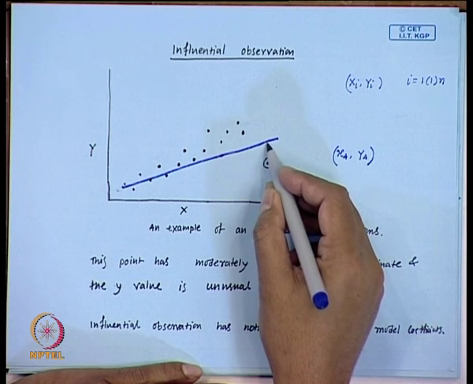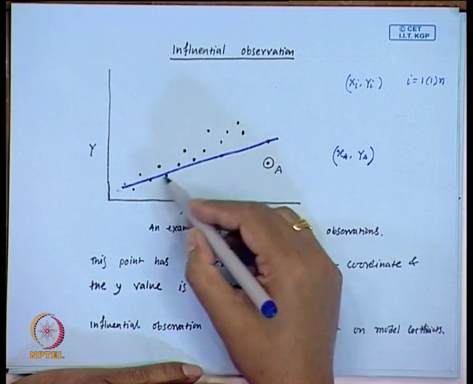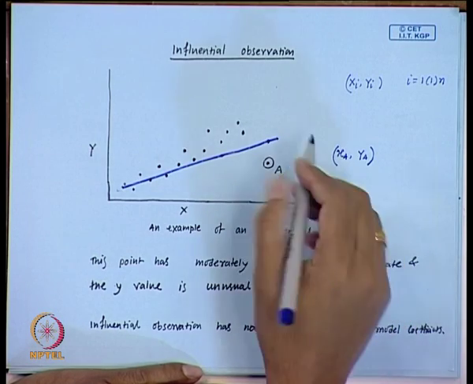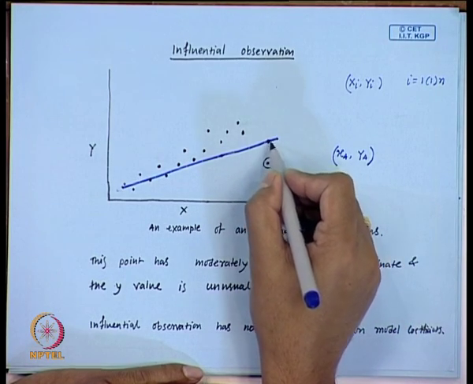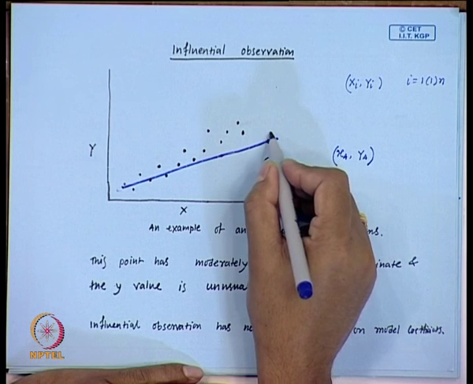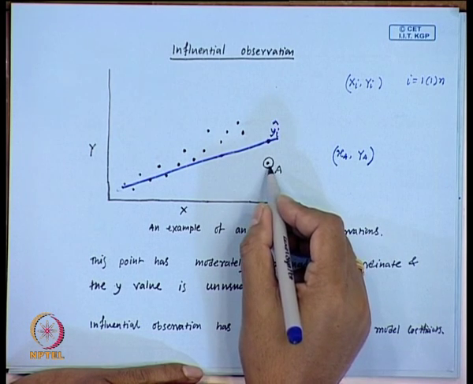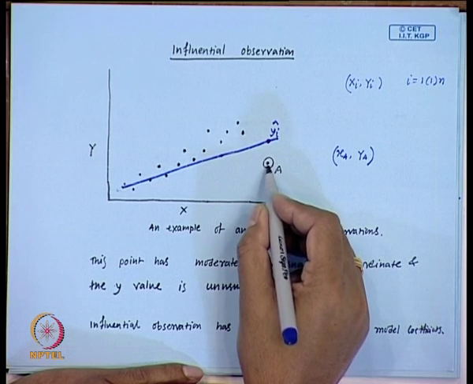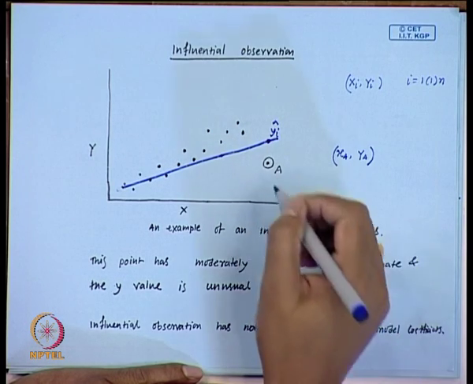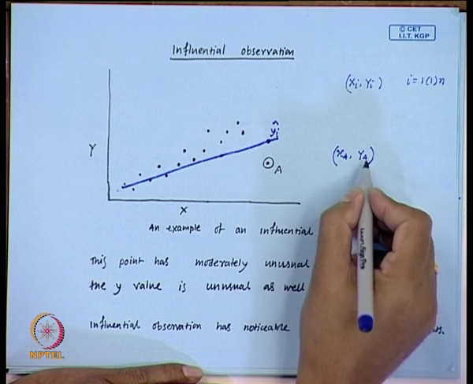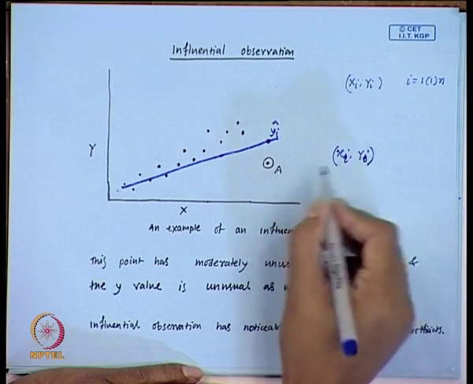This is the model based on all the observations. So, the fitted value here is y I hat, and I am considering this as the ith observation, for example, and this is my y I.